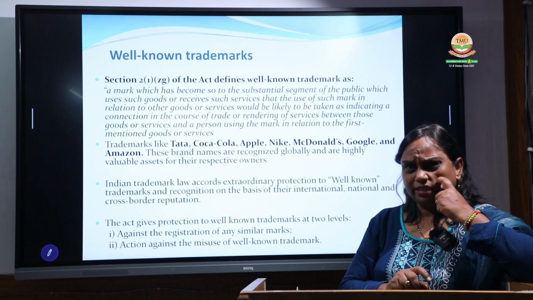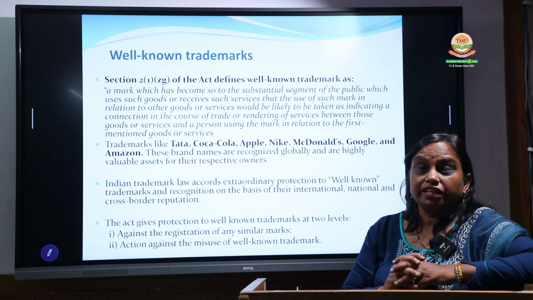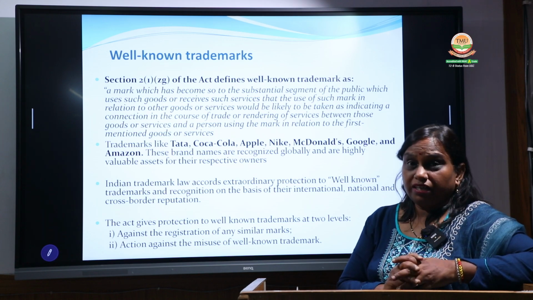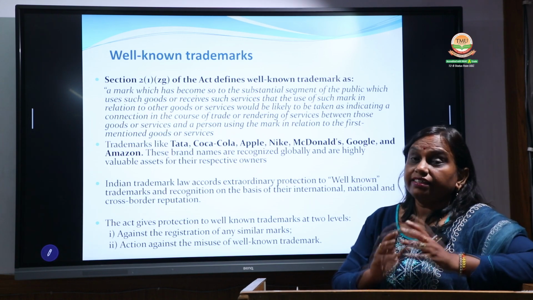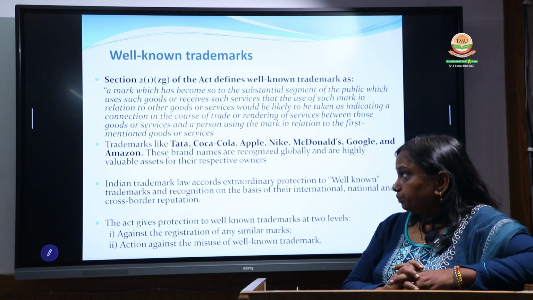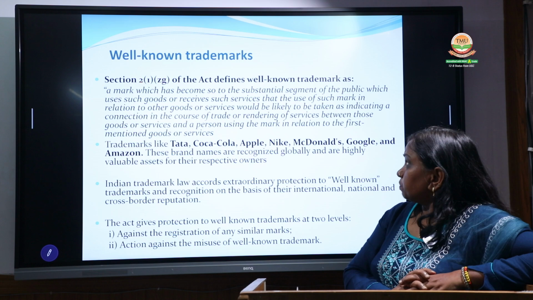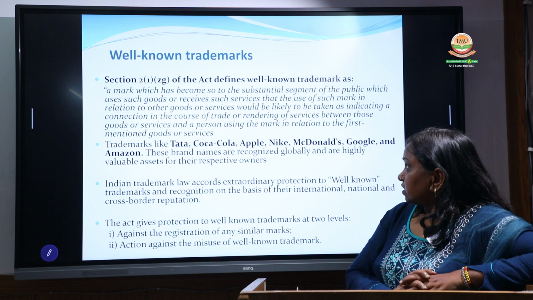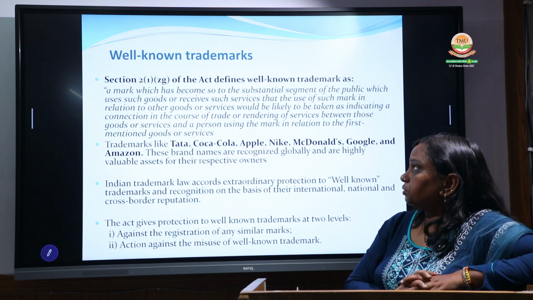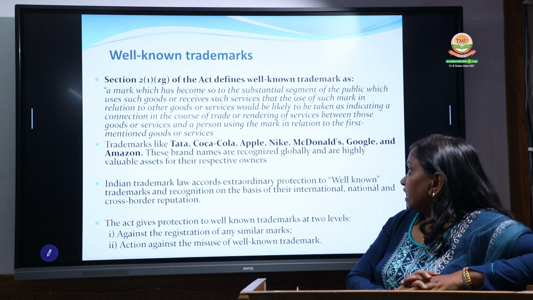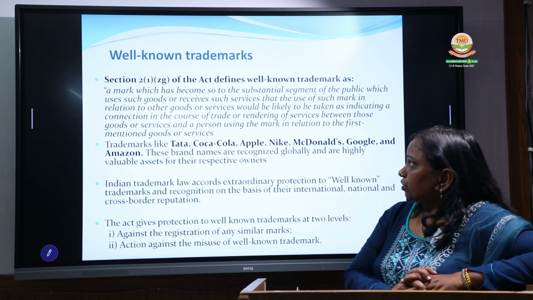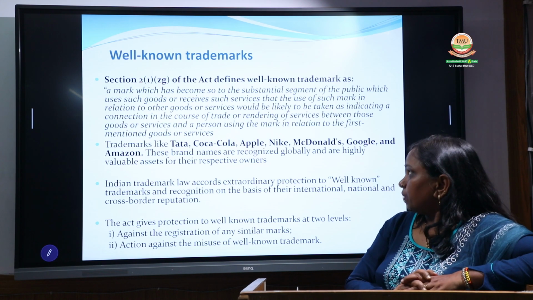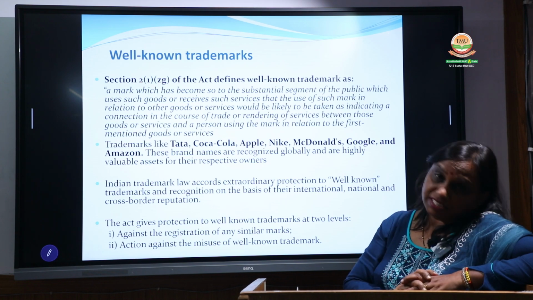In general, well-known trademarks are marks which are very popular, not only at the local level or the national level, but even at the global level, which have become so known to the substantial segment of the public which uses such goods or receives such services, that the use of such mark in relation to other goods and services would be likely to be taken as indicating a connection in the course of trade or rendering of services between those goods and services and a person using the mark in relation to the first mentioned goods and services.